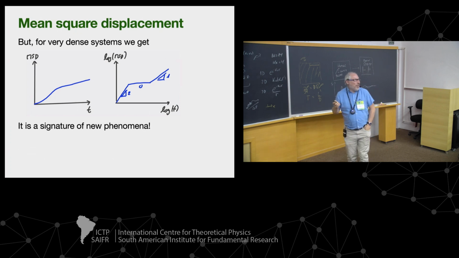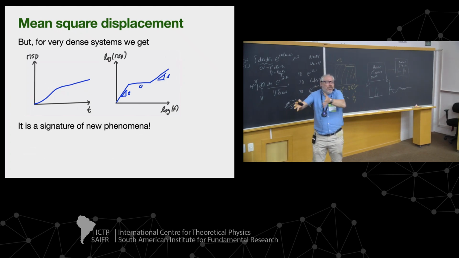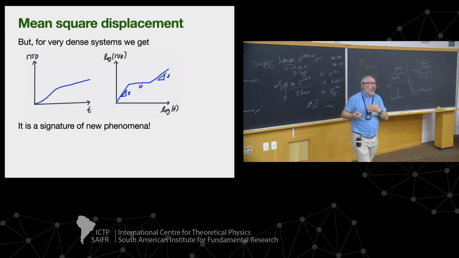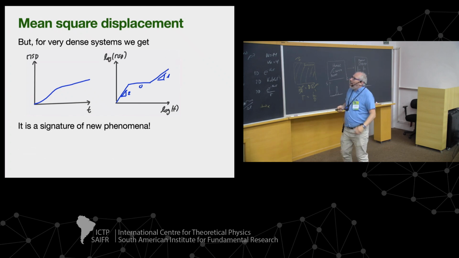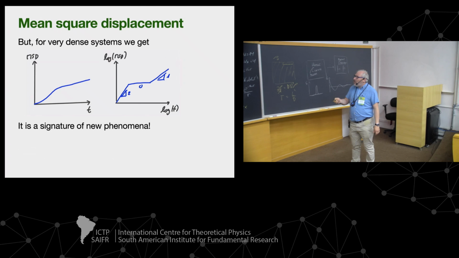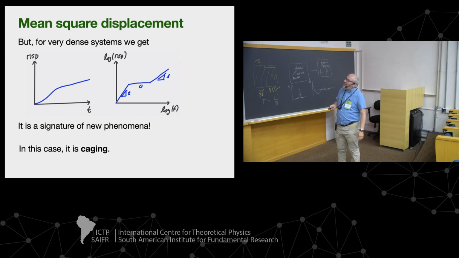And this is interesting, because now you start seeing things that you didn't put explicitly in your model. So you're getting new phenomena. That's why you're using computers and simulations. So it's a signature of new phenomena, and as you said, in this case, it's caging.